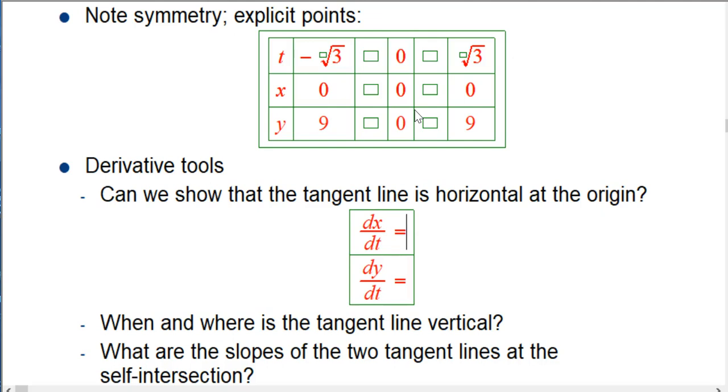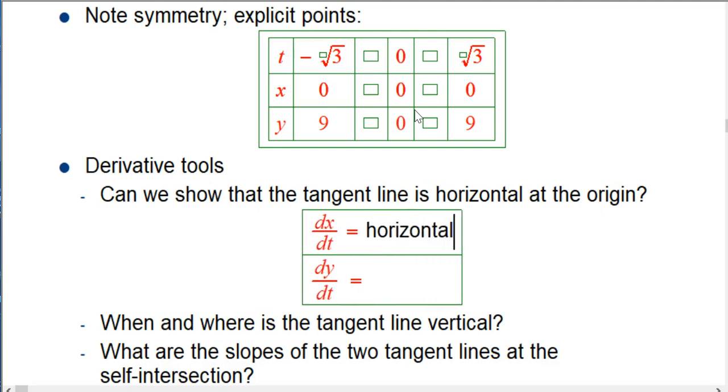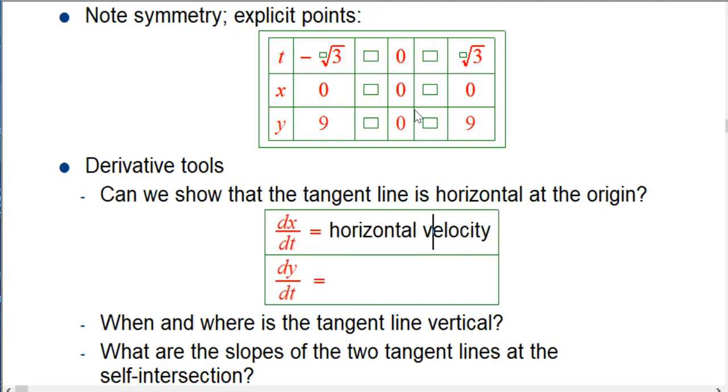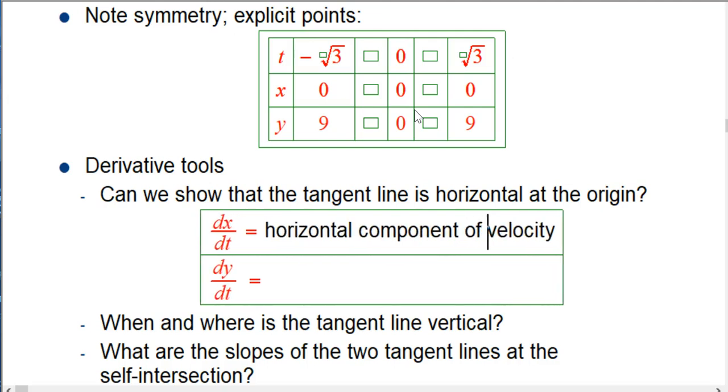And so we would call this the horizontal velocity, or you can sometimes call it the horizontal component of velocity, because what we're going to do very soon is create the velocity vector, and this will be exactly the horizontal component of that vector. So we're going to bring vectors into this story very quickly, and it's good to review your vectors a little bit in preparation for that. And dy/dt similarly is just how much it's moving up or down, and we're going to be identifying that with the vertical component of the velocity vector.